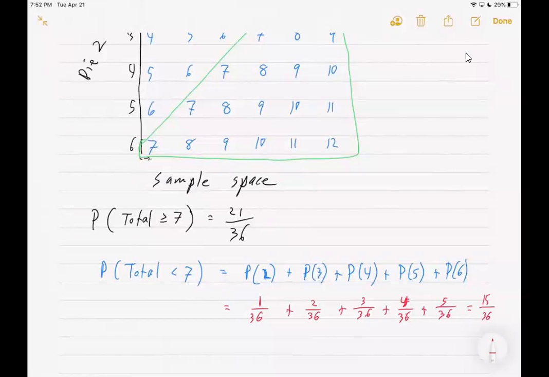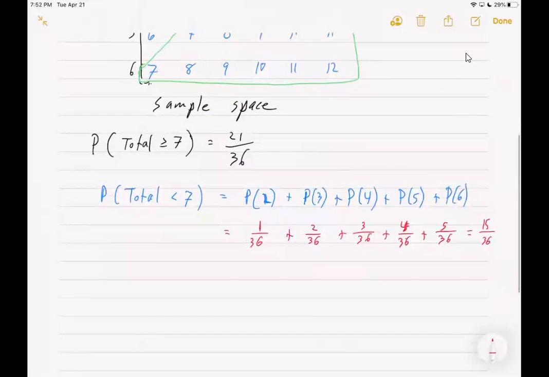But it would have been a lot faster to use the idea of the complement. We could take the probability that the total is less than 7 is equal to 1 minus the probability that the total is greater than or equal to 7. Remember that 1 is really a 100%.